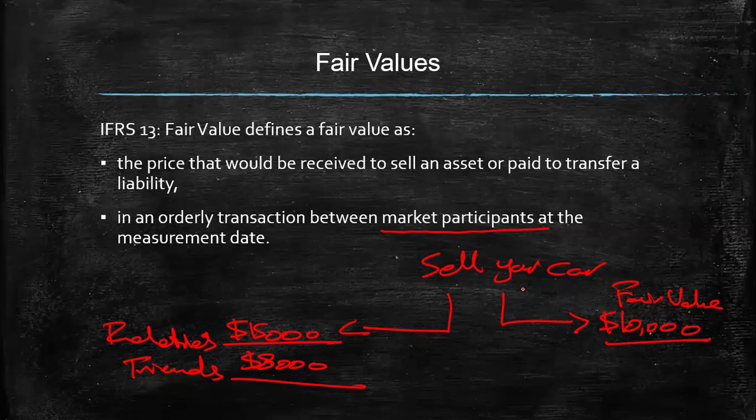You are simply trying to sell your car for the maximum price possible, and that is your sole motive. So in that scenario, where the seller's motive is to get the highest price, and the buyer's motive is to get the most value for their money, the price decided between these two groups, that is a fair value.